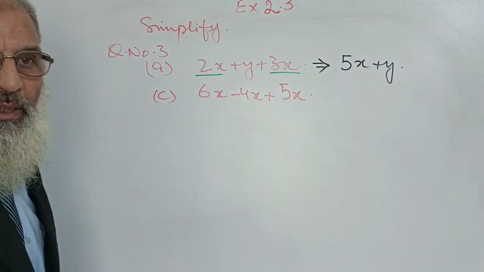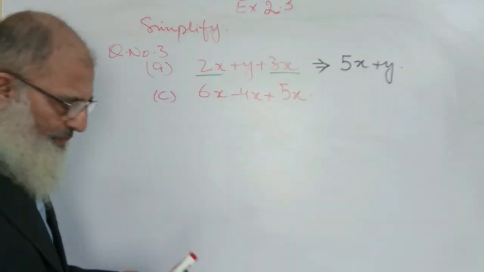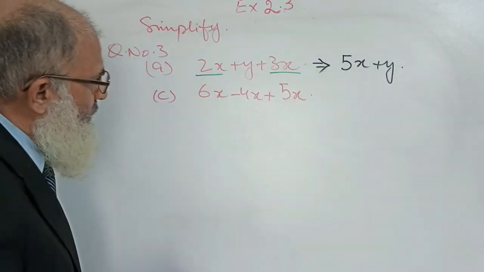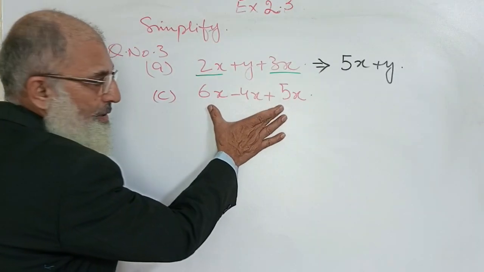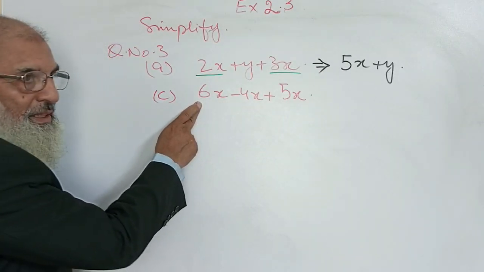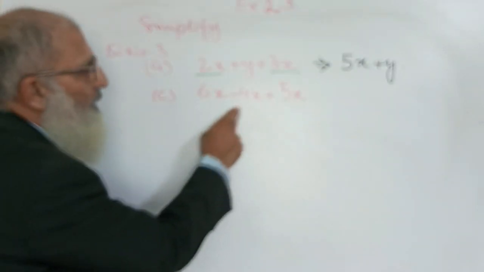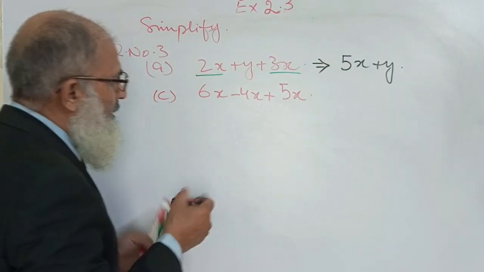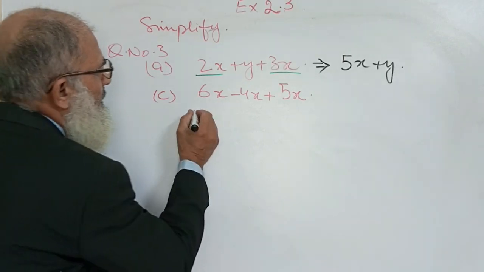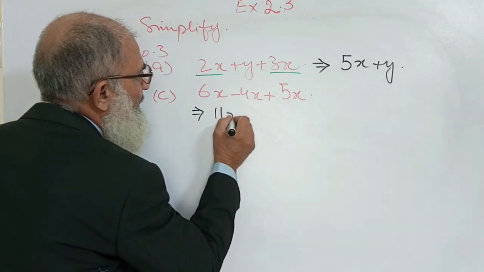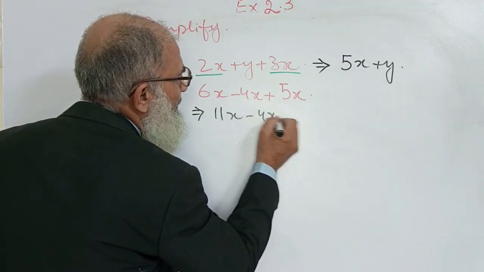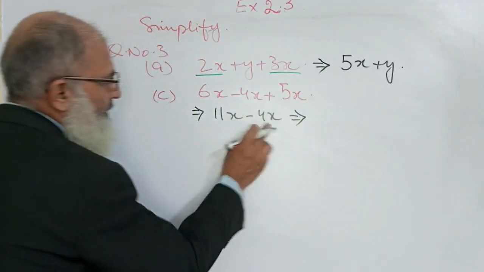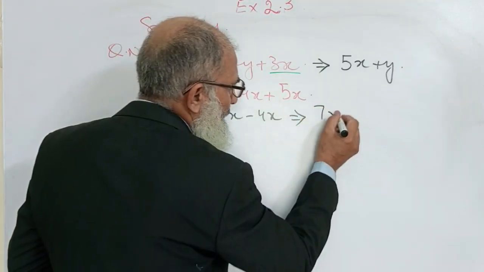So you can easily add or subtract. What will happen over here? We will add first: 5 plus 6, 11. 11 minus 4. Let me do it in 2 steps. That is equal to 11x minus 4x, and 11 minus 4 is 7x.